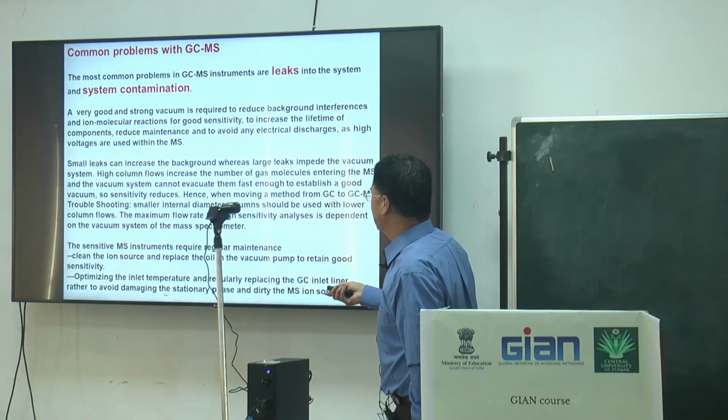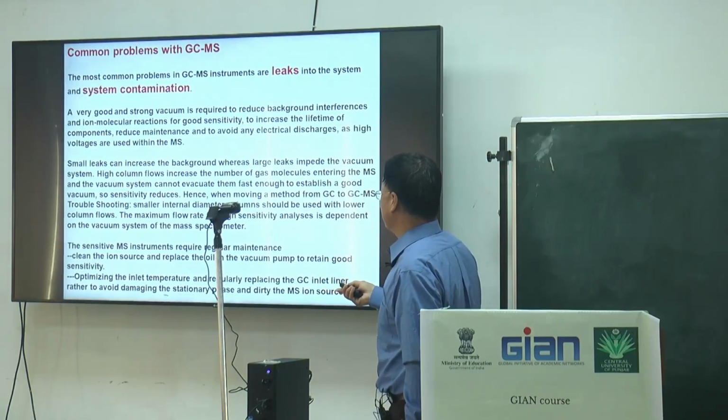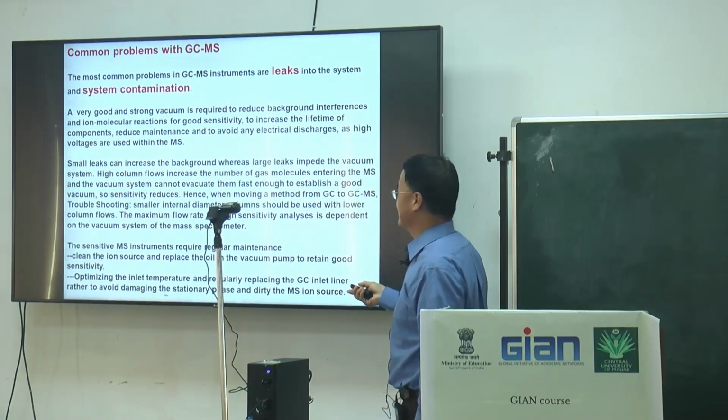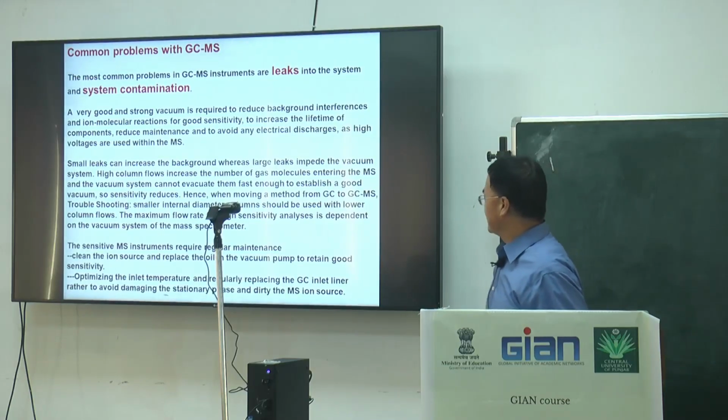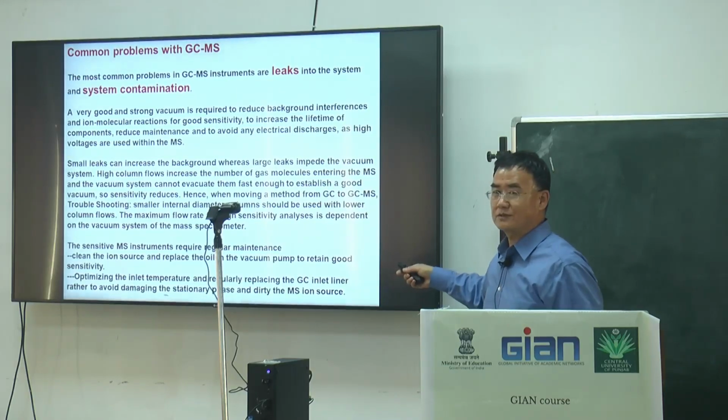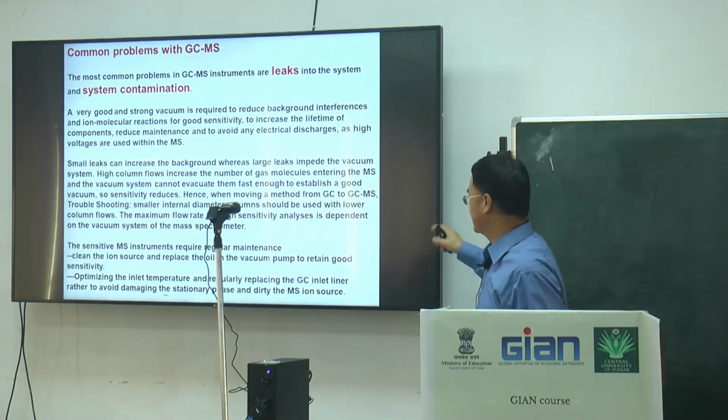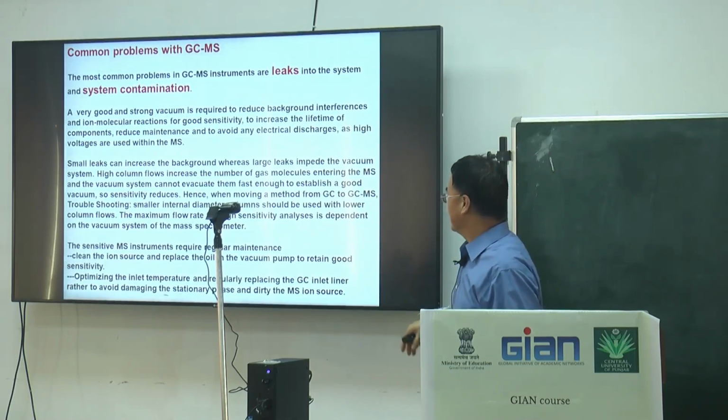A sensitive mass spectrometer requires regular maintenance: cleaning the ion source and replacing the oil in the vacuum pump to make sure the vacuum is strong enough to keep the degree of vacuum.